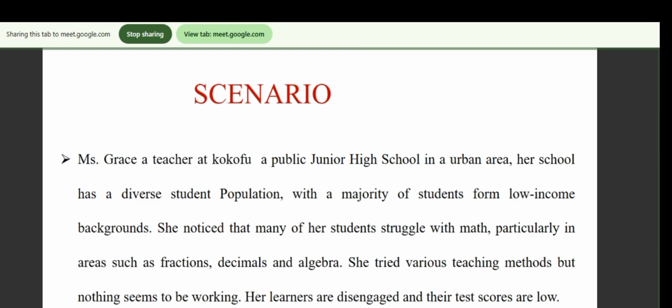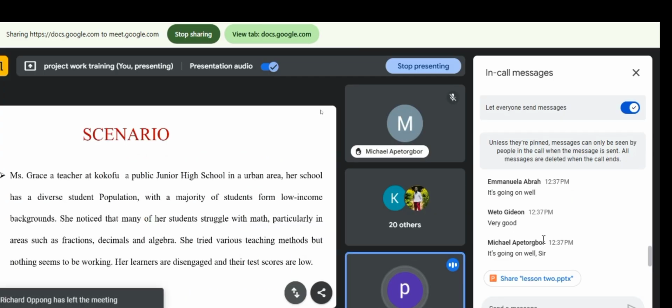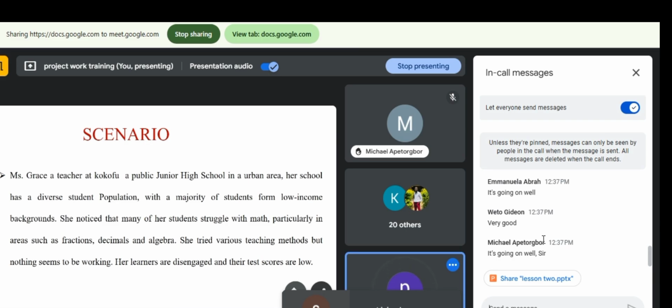Her learners are disengaged and their test scores are low. So kindly write how you understand this scenario in the form of an action research topic. Write it and in the comment section I will read and correct them.